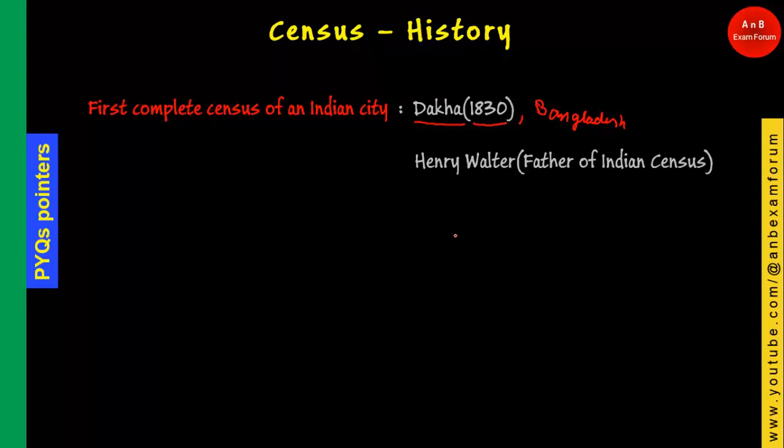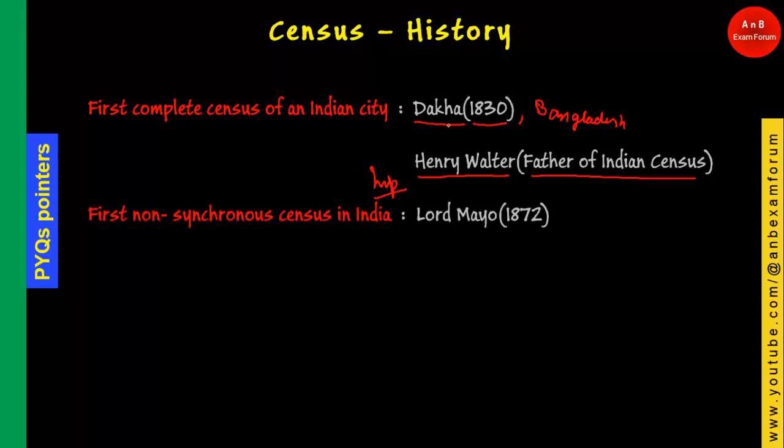Very important, this census was conducted by a person called Henry Walter, who is also known as the father of Indian census. Got it? This is very important. So the father of Indian census is Henry Walter, and the first complete census of any Indian city was conducted in Dhaka.